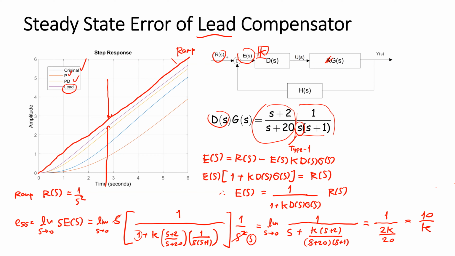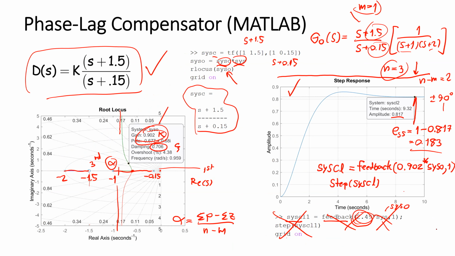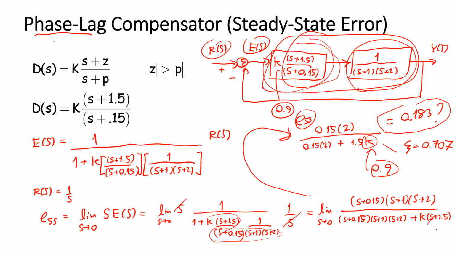If we use only the lead compensator and we want to get a small steady state error, we may need to increase the gain K. But for the limitation of increasing the gain K, we need to check the root locus and consider our acceptable damping ratio.